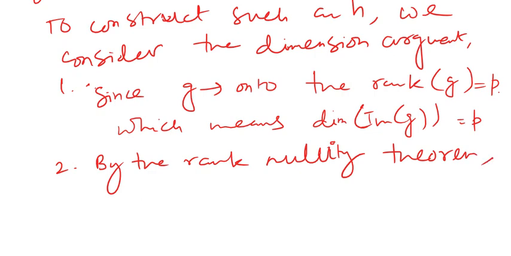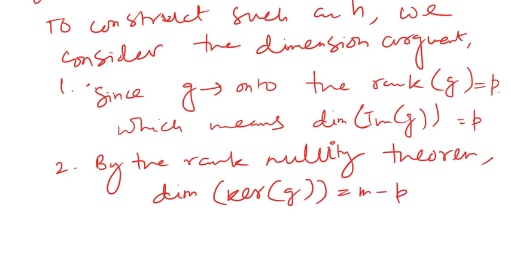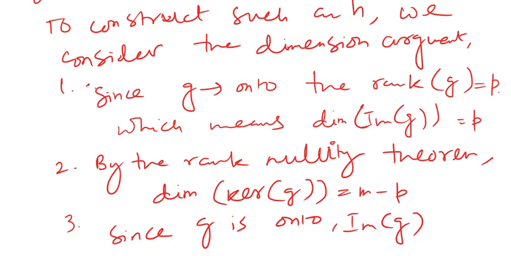By the rank nullity theorem, dimension of kernel of g equals m minus p. So since g is onto, Im g equals R^p.